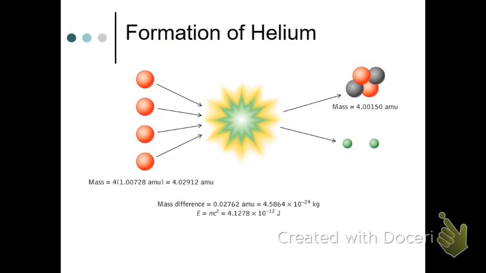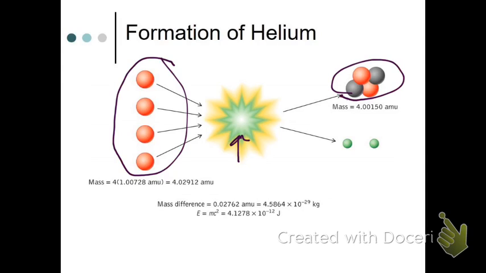So here we see an illustration of the process described on the previous slide, where the overall reaction essentially involves 4 protons coming together, fusing, producing a helium-4 nucleus with 2 neutrons and 2 protons, and also 2 positrons.